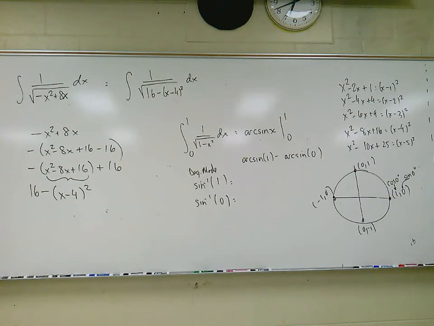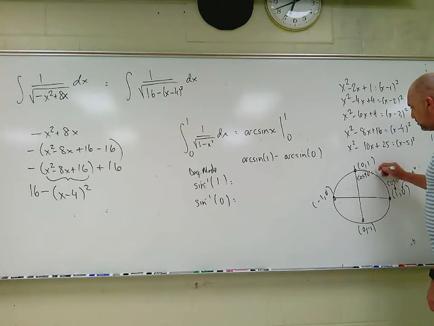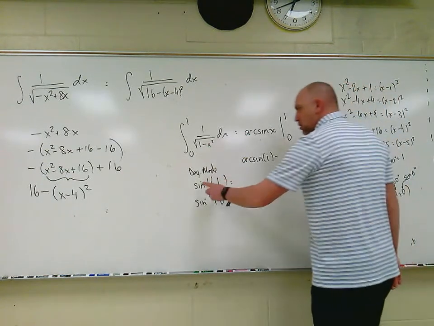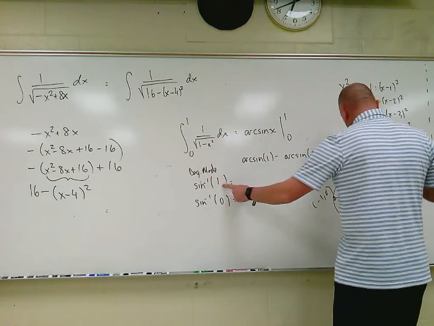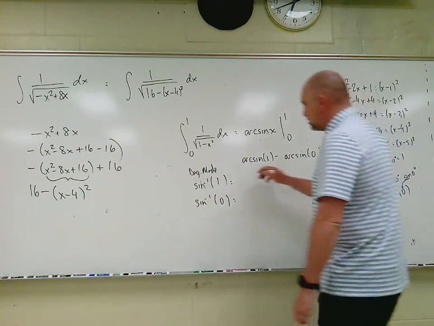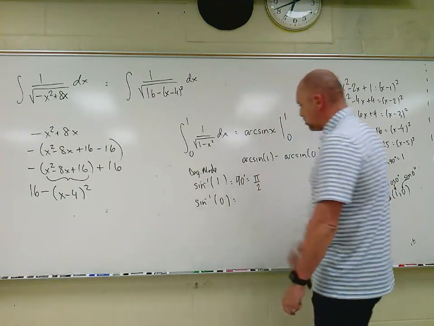All right. Here, cosine of 90 degrees is 0 because it's the x. Sine of 90 degrees is 1 because that's the y. So now this is asking sine of what angle is 1? That would be 90. Then I'm working backwards. So that's 90, but we have to give our answers in radians, so that would be pi over 2.